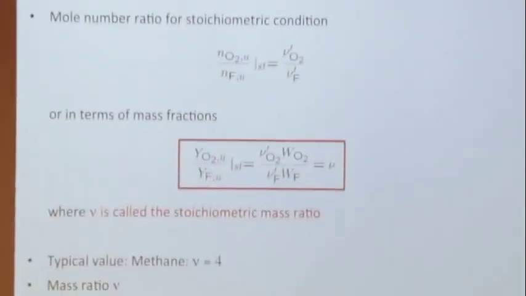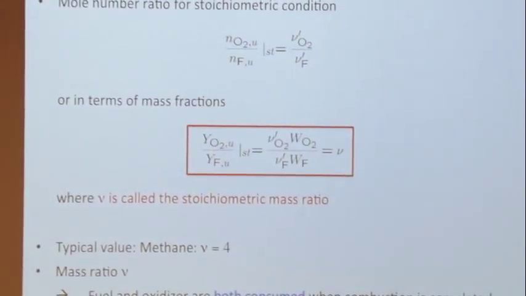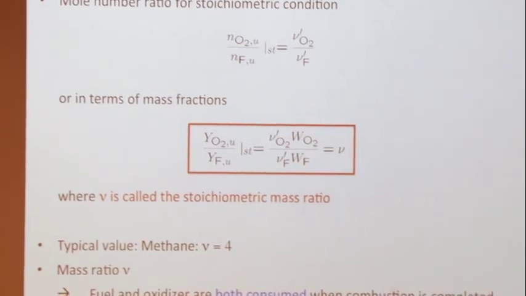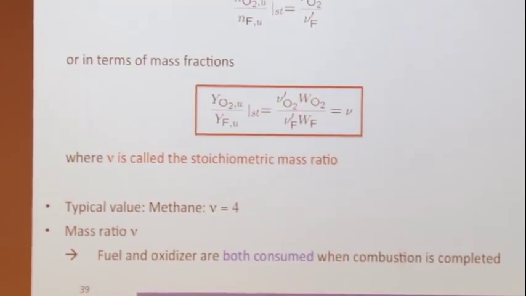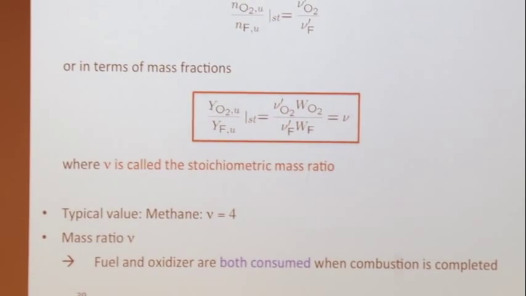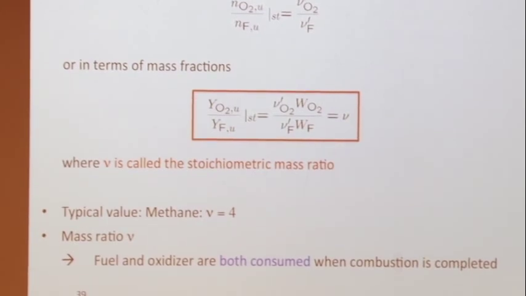Nu is the stoichiometric mass ratio, or the mass ratio in which the oxygen and fuel would be in stoichiometric proportions. Typical value, look at the example here, methane combustion: nu O2 divided by nu F would be 2 here, and then the molecular weight of the oxygen molecule is 32, methane is 16, another factor of 2, so it's 4.